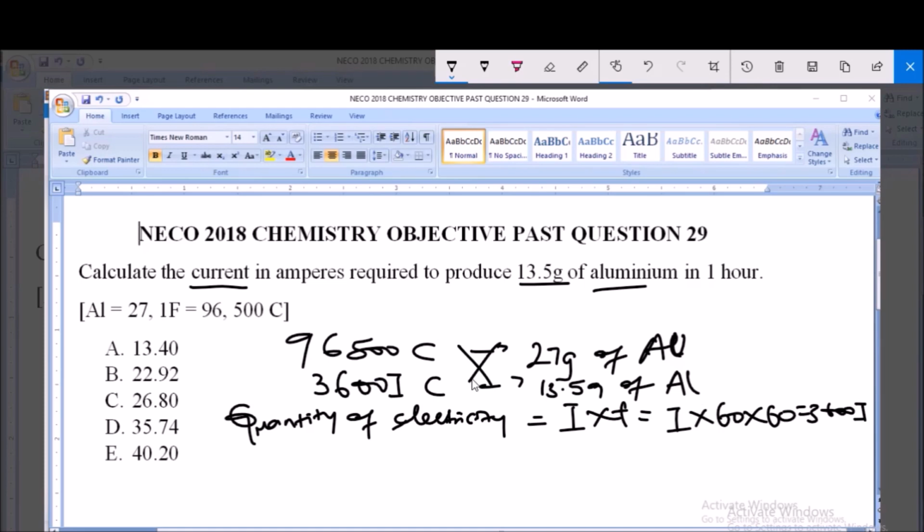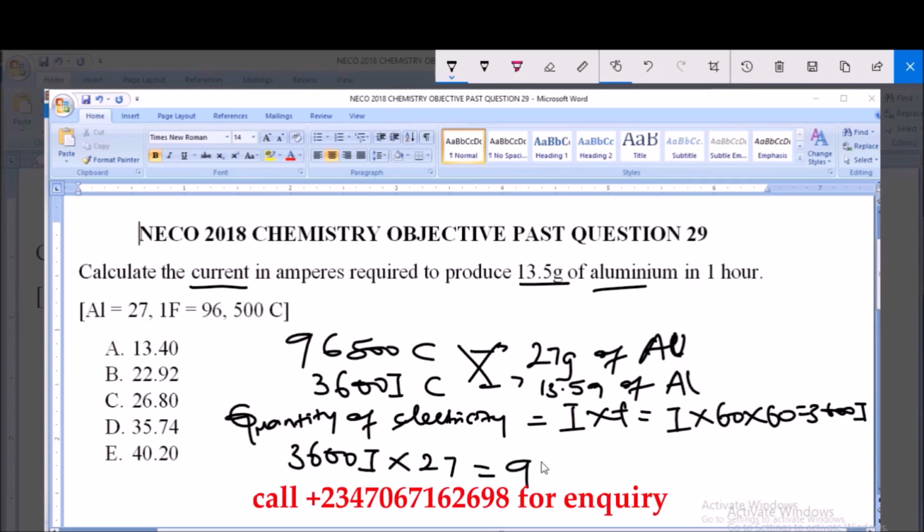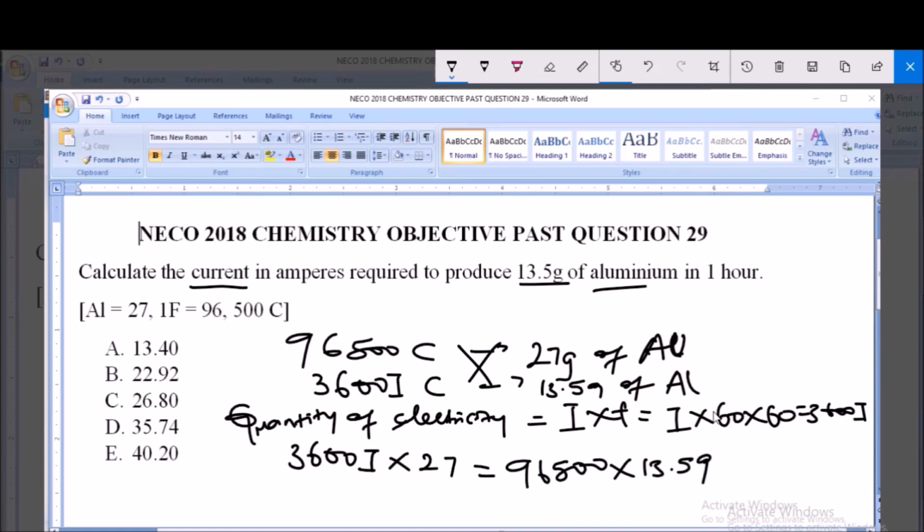Then now we can cross multiply. We can say 3,600 I, which is the current, multiplied by 27 gram of aluminium is equal to 96,500 coulomb multiplied by 13.5 gram of aluminium.